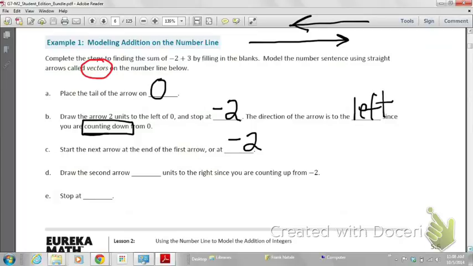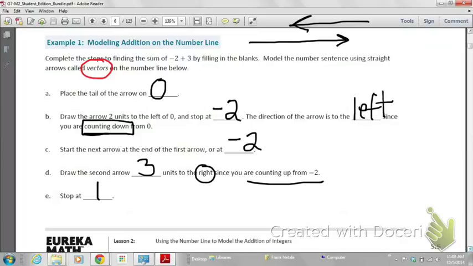Draw the second arrow 3 units to the right, since you are counting up from -2. If you think about it, you're going to stop at 1.